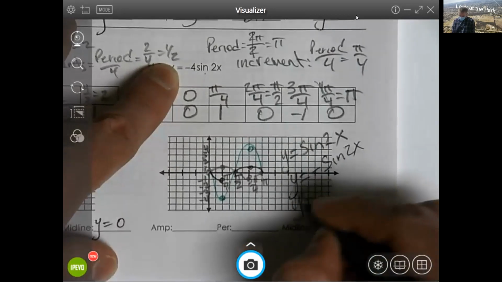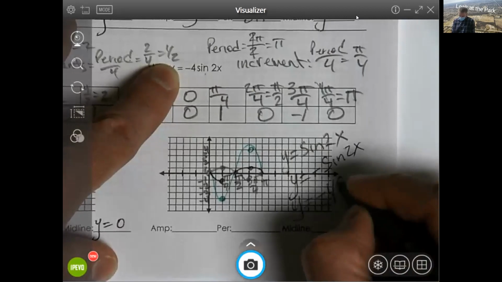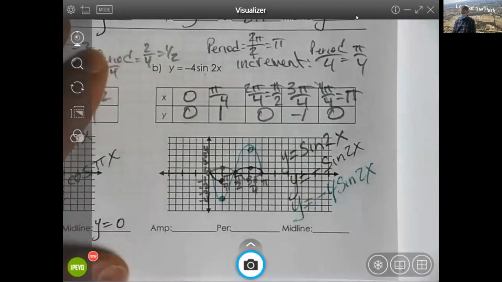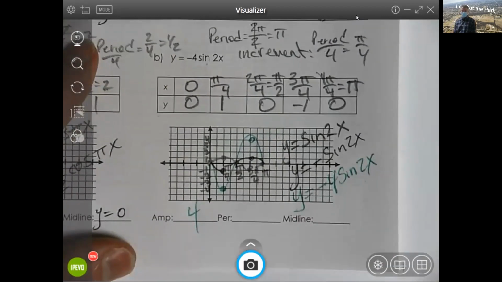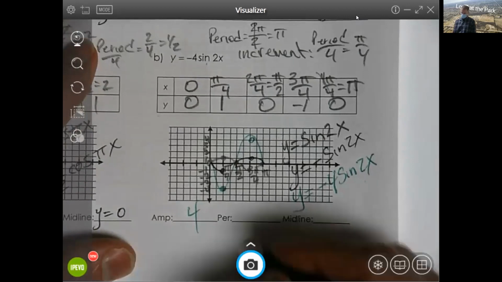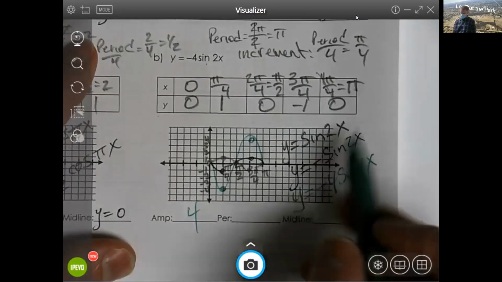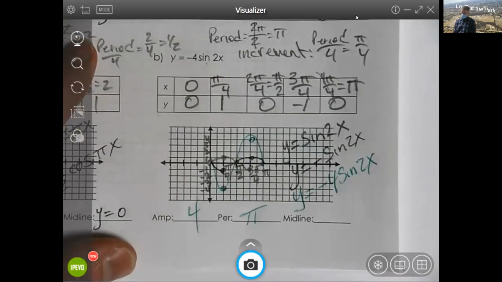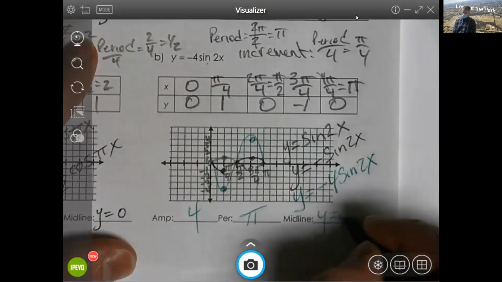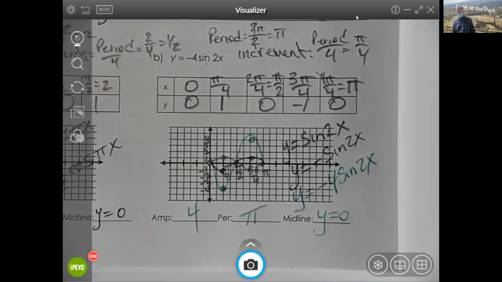So we get y equals -4 sine of 2x. Our amplitude was 4. It's the absolute value of it. The period was pi that we calculated earlier, and the midline is y equals 0. That helps.